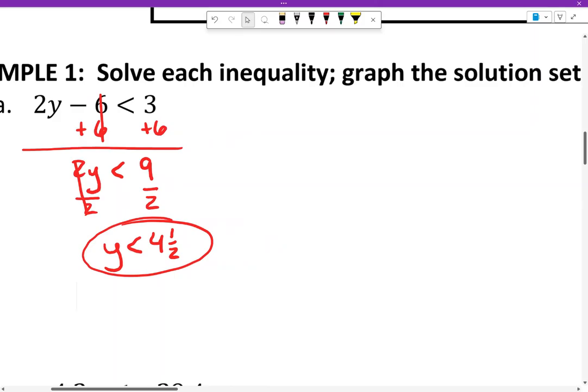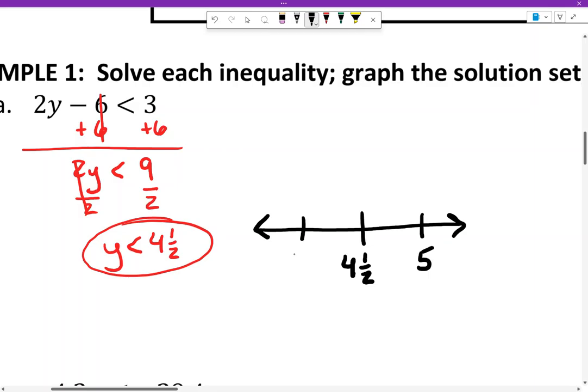Now to graph that, we'll use a number line. We want to focus our graph on our number 4.5. And then just to add a little context, I like to add the next highest and next lowest integer. So we have 4 and 4.5 and 5 here.